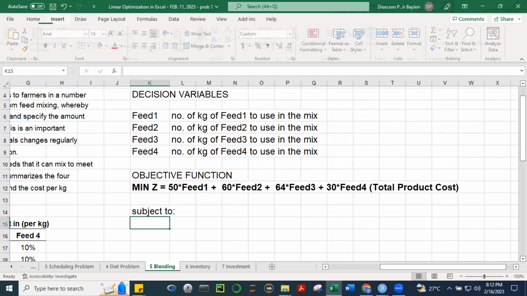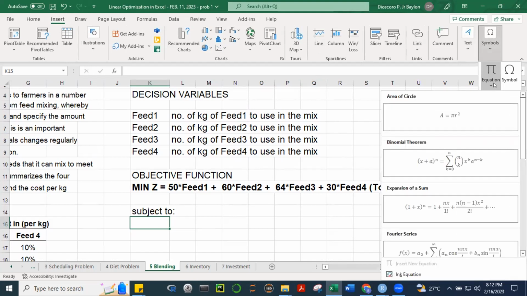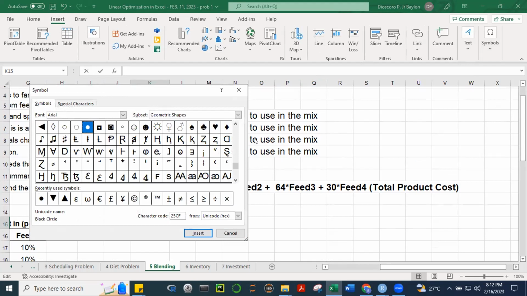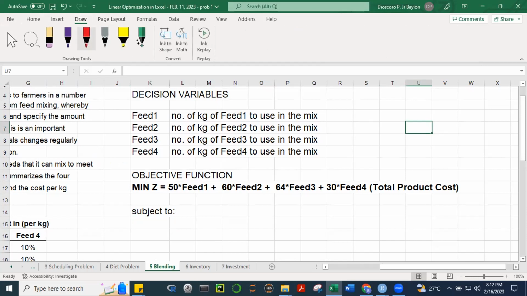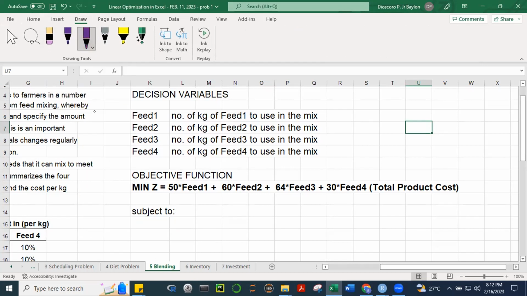Okay, yeah. Thank you. So the total of feed 1, feed 2, feed 3, feed 4 should be, okay, it's difficult to write here the insert. Let me see the sigma symbols. This will take long, no? Kung isa-summation ko pa. Let me just use my draw. Okay, so this is subject to.